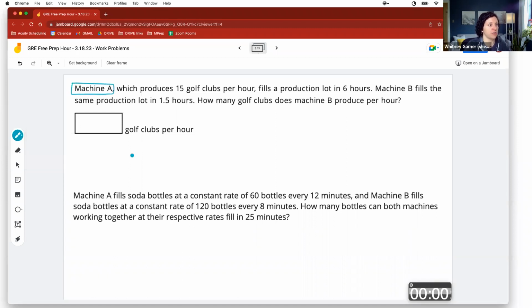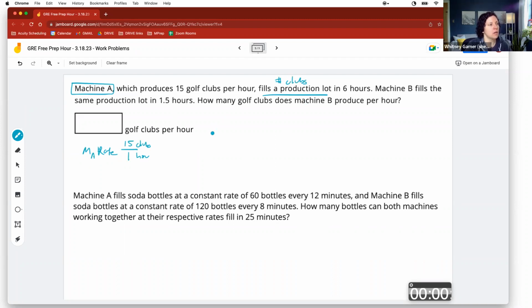So machine A produces 15 golf clubs per hour. That's their rate, right? So machine A has a rate of 15 clubs per 1 hour. And so they fill a production lot, whatever that means, so some number of clubs in 6 hours.